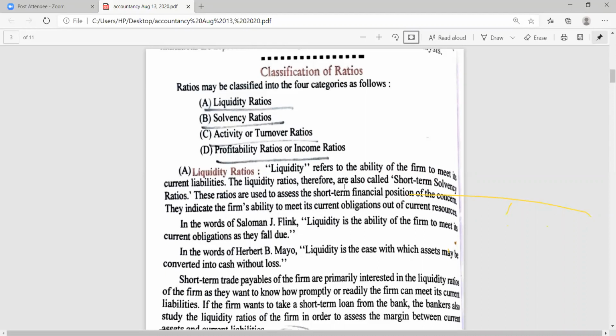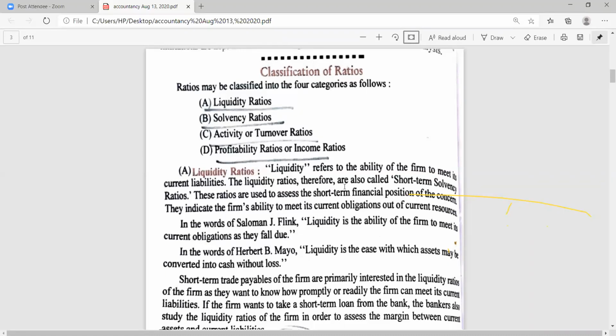So as it shows the short term solvency of the business, it is also known as the short term solvency ratio. I'm repeating, the ratio which shows the liquidity of a business, and liquidity is the ability to bear the current liabilities of a business, those are known as the short-term liabilities.